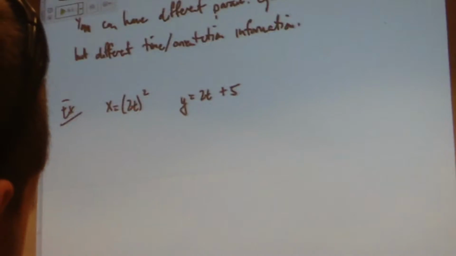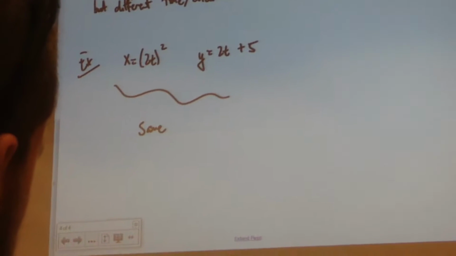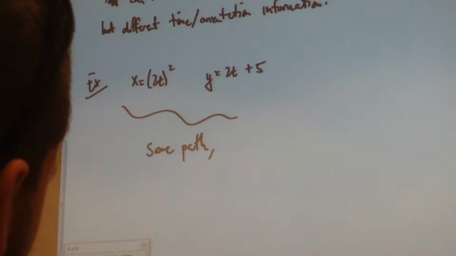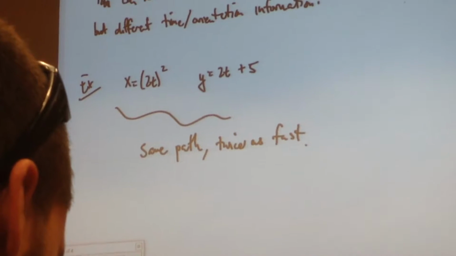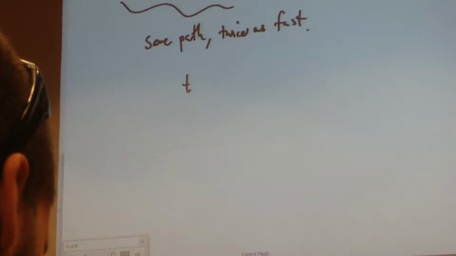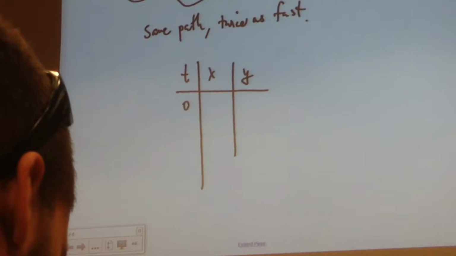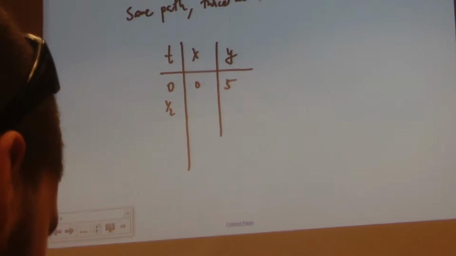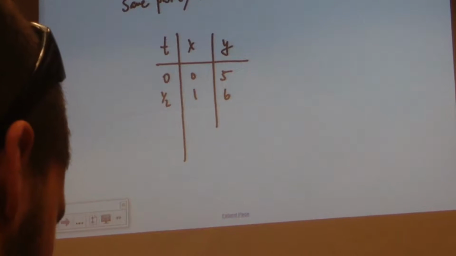Yeah. All right, so the idea here is if this is a new particle, it's going to follow the same path, but it's going to go twice as fast. Let's make a little table: t, x, y. At 0, you're at the same spot. But now at t equals 1/2, you're at the same spot where the other one was at t equals 1.